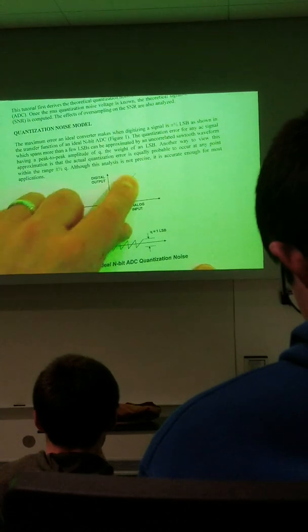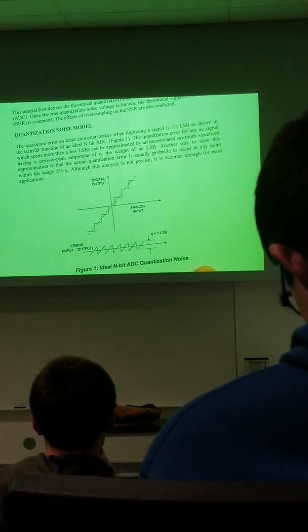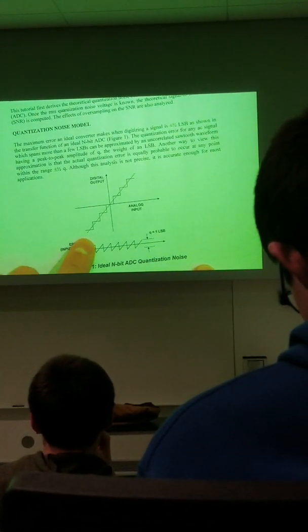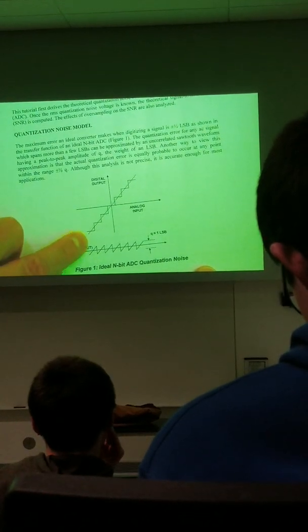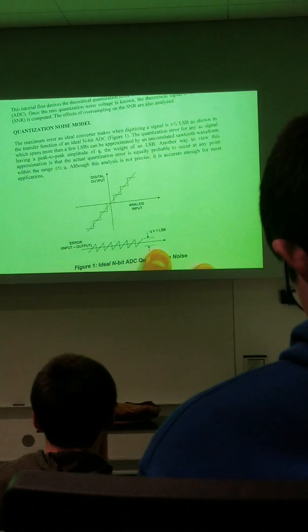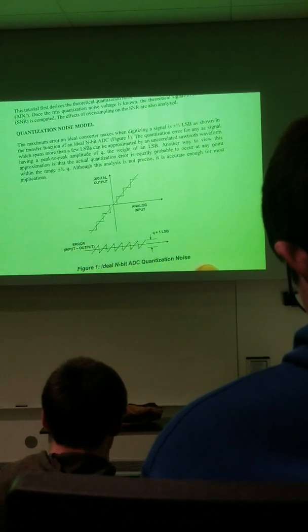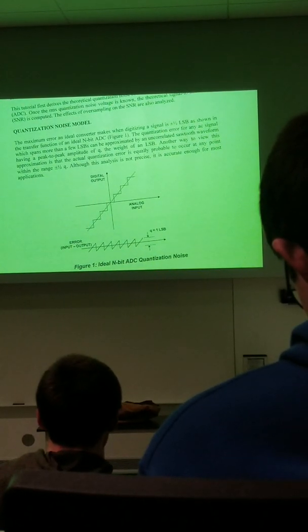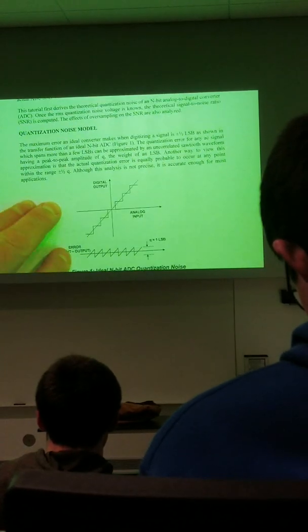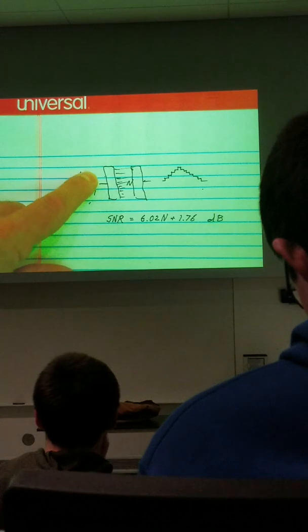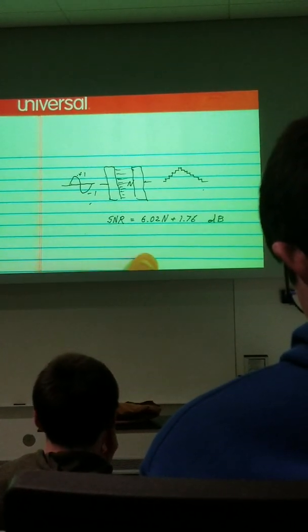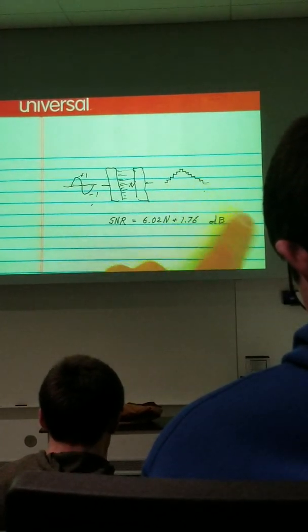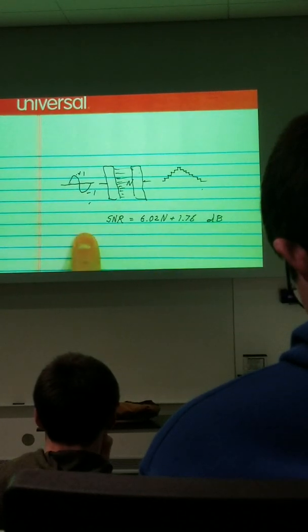So if you put a ramp into an A to D converter, the error between the output value and the input value is a sawtooth wave like that. And so it's actually a coherent signal in that case, but if you interpret it as noise, the ratio of the signal power, the sinusoid power, to the noise power, the sawtoothy part in there, is this, right?